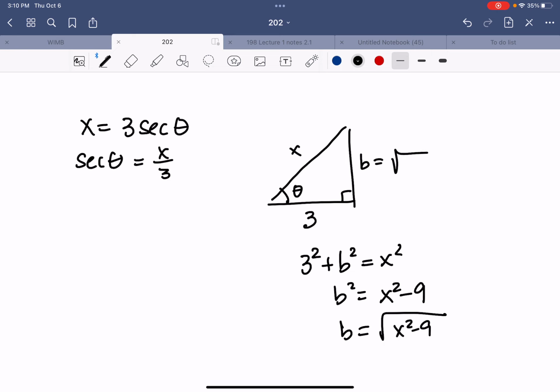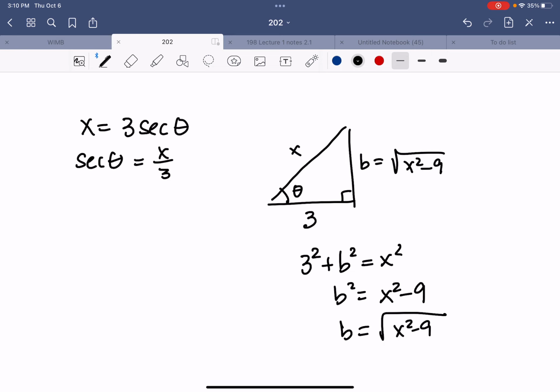So b is the square root of x squared minus 9. And that means that our tangent theta, which is opposite over adjacent, has opposite side the square root of x squared minus 9 and adjacent side 3. Those two I'm going to use to plug in over here.